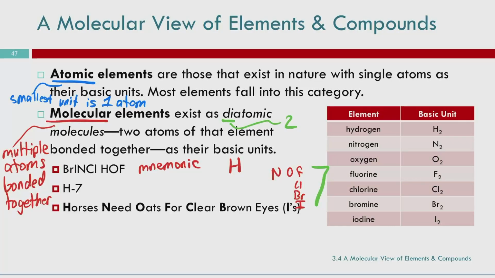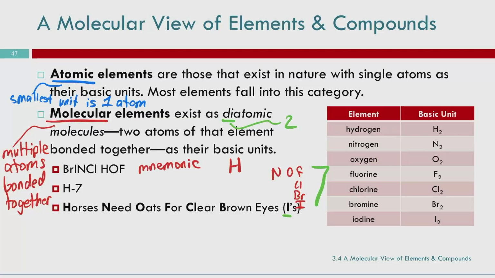And then the last one, which is my favorite: horses need oats for clear brown eyes. The eyes being the letter I, instead of the ones in your face. Each of these starts with the symbol for one of our diatomic elements. Now, I'm not much of a horse girly myself, so I don't know if that's true, but it's a convenient way of remembering, potentially, the diatomic elements.